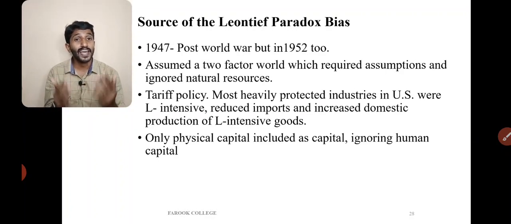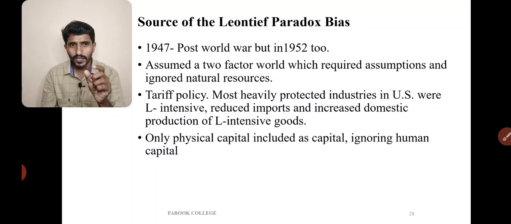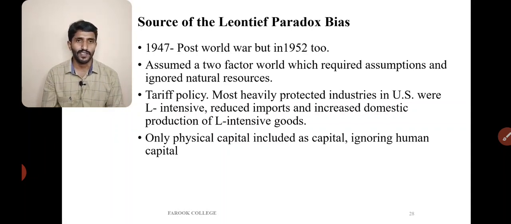Third one is the tariff policy. The most heavily protected industries in the US were labor intensive industries. So they reduced the imports and increased the domestic production of labor intensive goods. There is a high tariff.